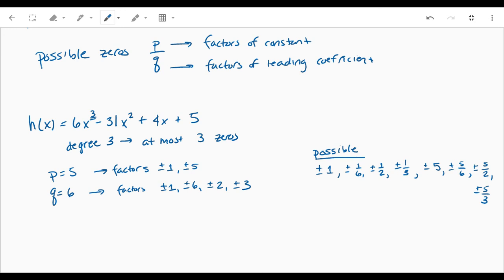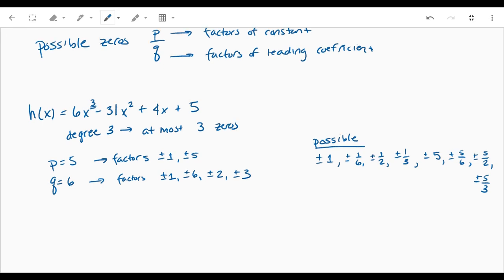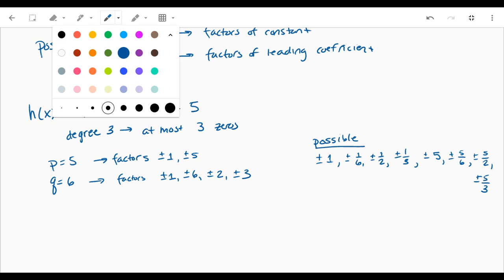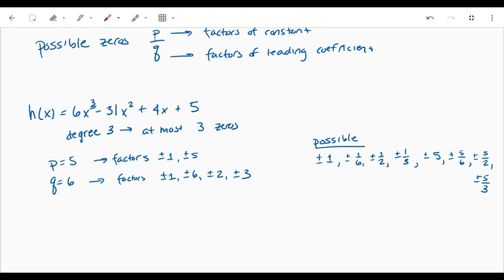I'm looking at the examples here quickly, and I just don't like it. So here's what we're going to do. We're going to start testing them. And I hope they don't give you this much to test when it's your turn to do it. But I would test the whole numbers first.